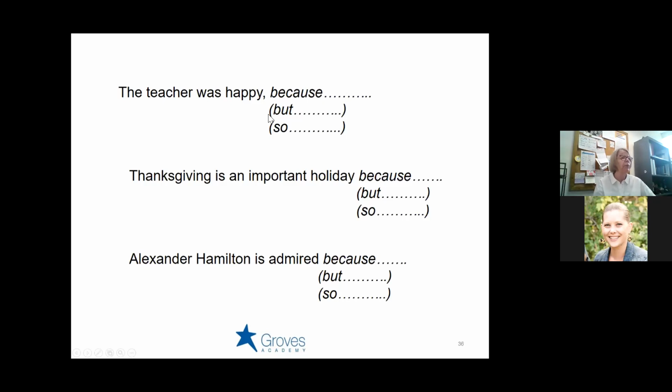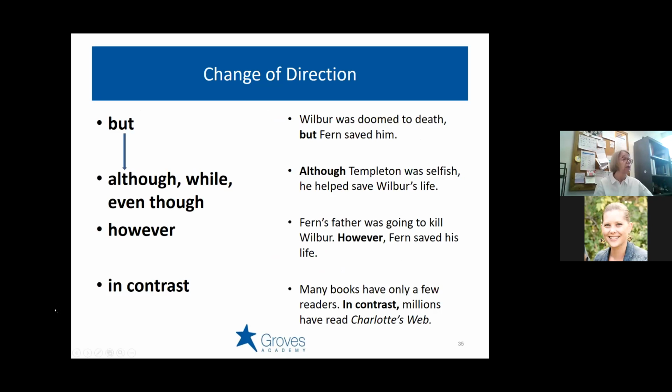The teacher was happy, comma, but she didn't like wearing masks in school. Who does, really? Anyway, the teacher was happy, so she kept her position as a teacher in the school, or something like that.